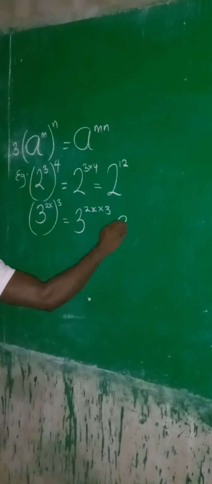Or let's say we have 3^(2x), and we have 3 here. This is going to give us 3^(6x).